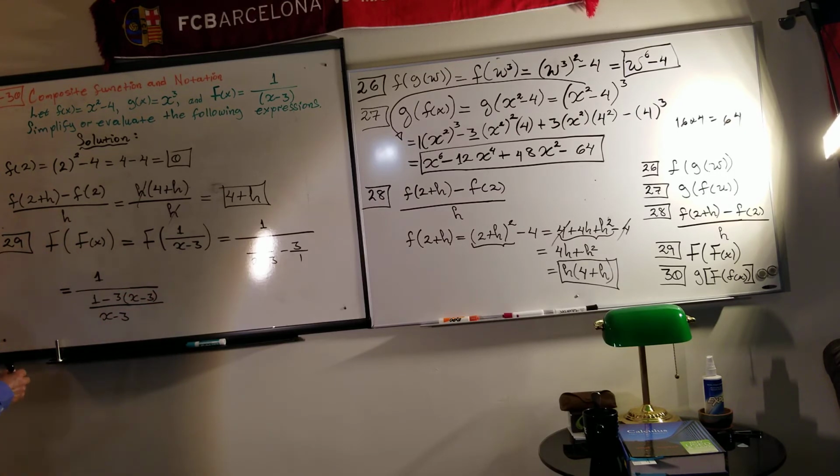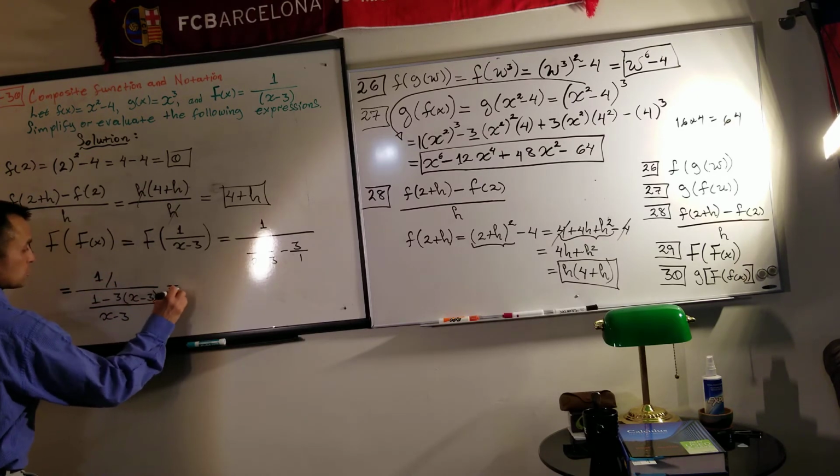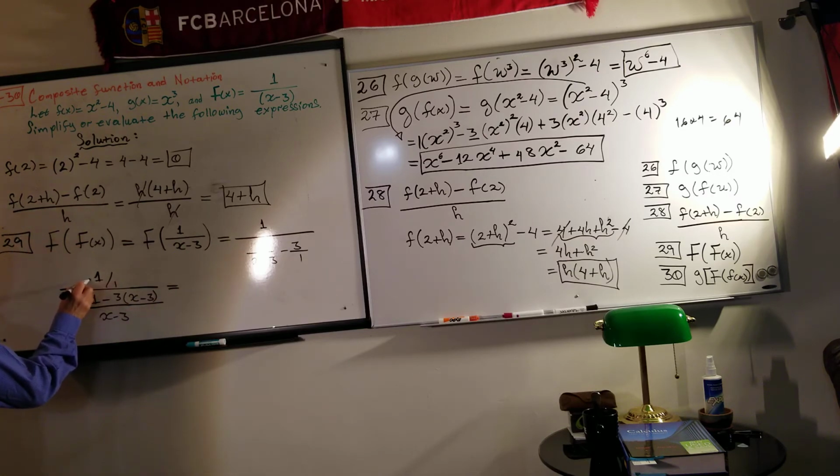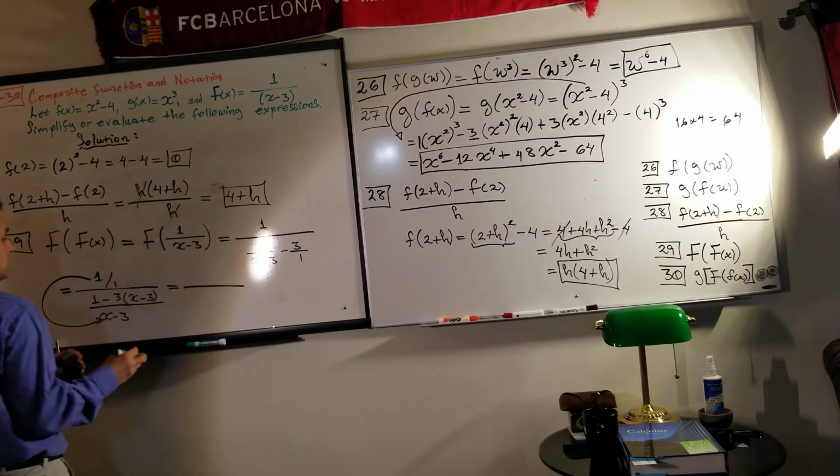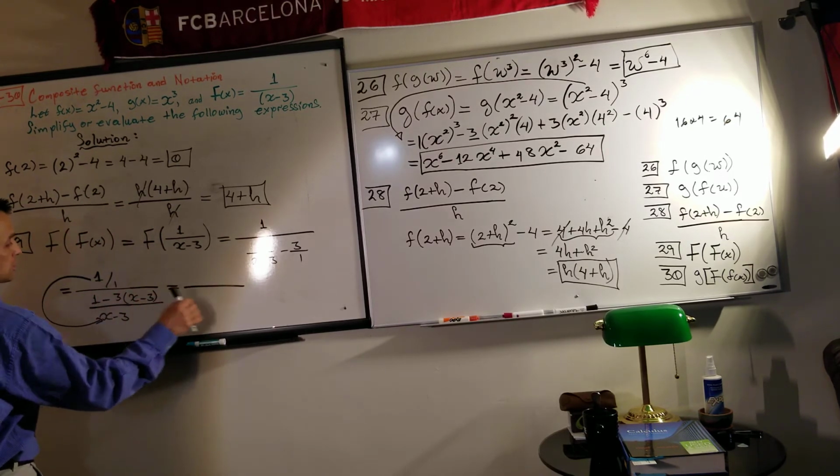All right, and now we have a whole number divided by an expression with numerator and denominator. So this is like 1 over 1 divided by this expression over x minus 3. So what we have to do is multiply the outer numbers and write it on the top here, and then the inner numbers, write them on the bottom.